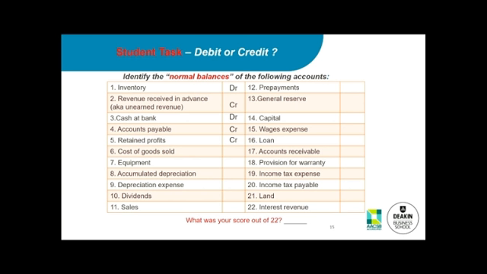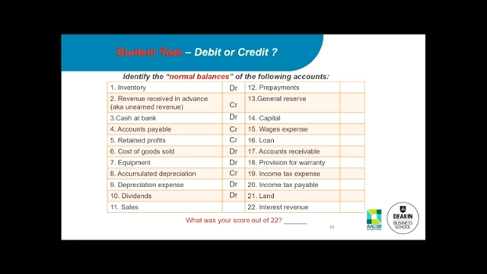Cost of goods sold is an expense, so that's a debit. Equipment is an asset, so that's also a debit. Accumulated depreciation is a negative asset, so that's a credit. Depreciation expense should be a debit. Dividends, and I'll assume that's a dividends expense, so it should be a debit.